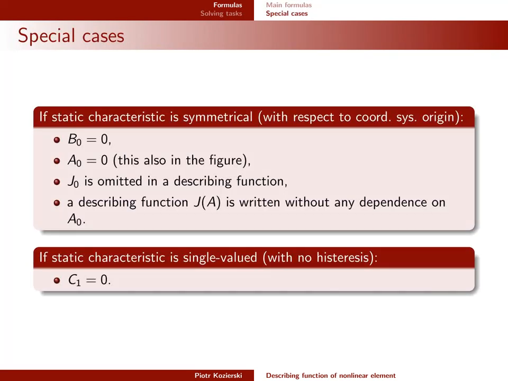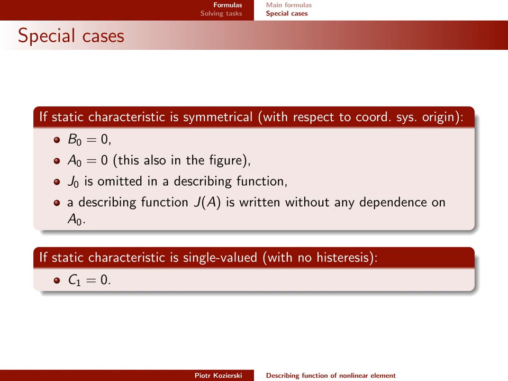There may be two special cases that reduce the calculation of the describing function. If the static characteristic is symmetrical, then a0 and b0 are equal to 0. Moreover, the steady-state component of the describing function, j0, doesn't exist, and the transient component depends only on the variable a, so we write j of a.